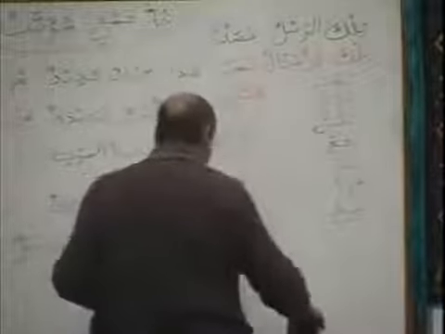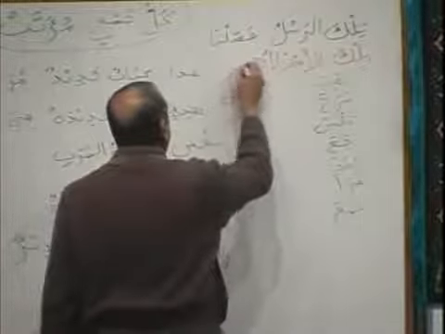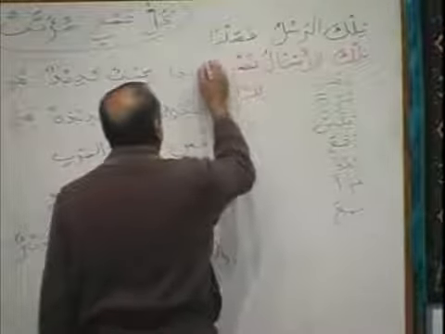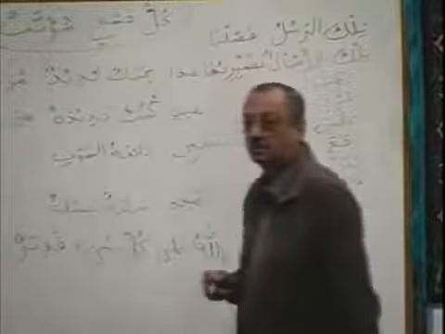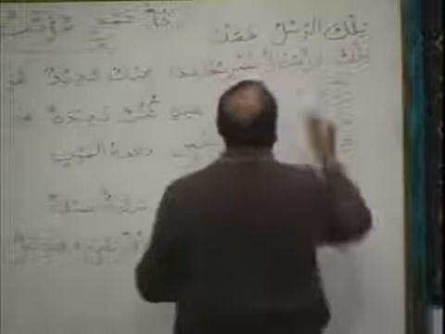Law anzalna hadha al-Qur'ana ala jabalin lara'aytahu khashi'an mutasaddi'an min khashyatillah, wa tilkal amthalu nadribuha. Tilka al-amthalu. So tilka is mubtada, and what is al-amthalu? Badal. Brother Salman, it is badal. So we go to ismu ishara.